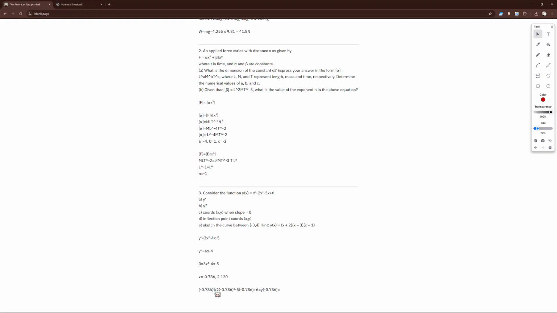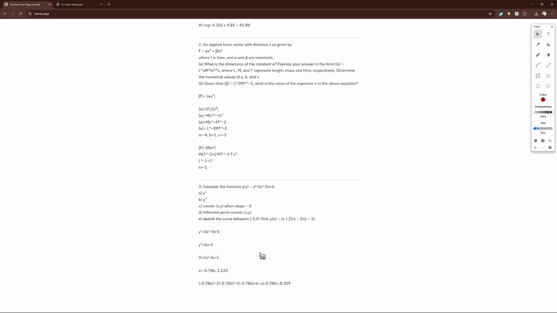I'm going to store this as x, store this as y. Okay, so we're going to have x cubed minus 2x squared minus 5x plus 6. This gives us an answer that y is equal to 8.209.